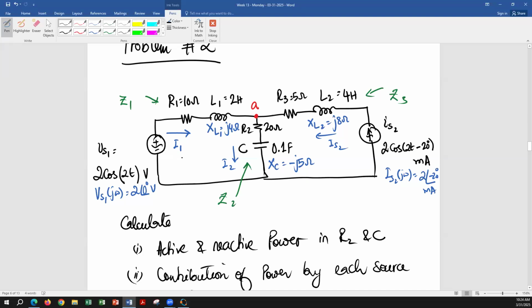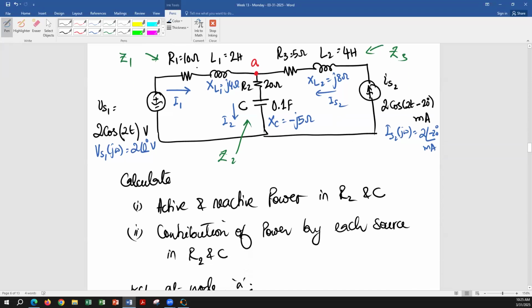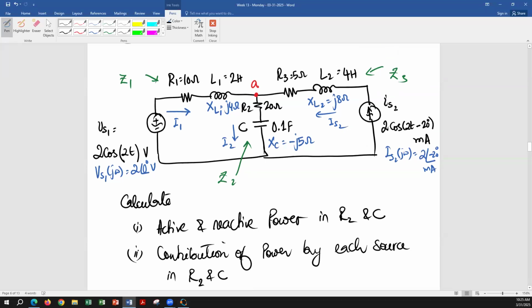You can call it IS1 if you want, since this is a current coming out of IS1. We don't know that current; we are trying to find that current value. I call it I1 because it's going through R1 and L1, and then it's going to come to a node and divide between the two impedances or two branches.